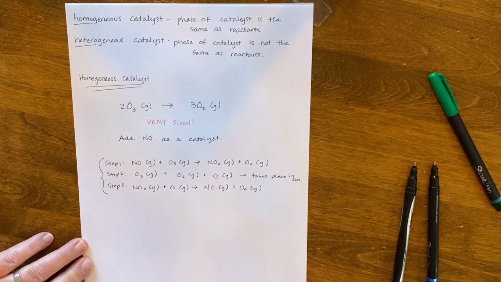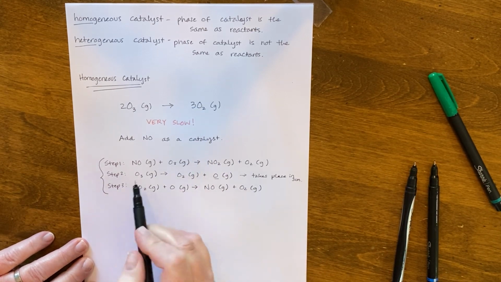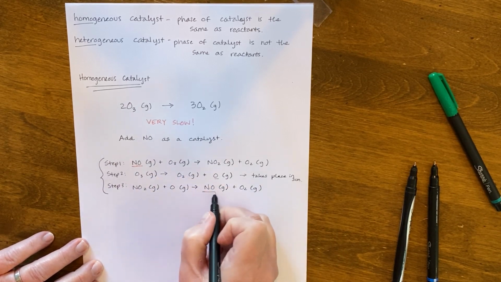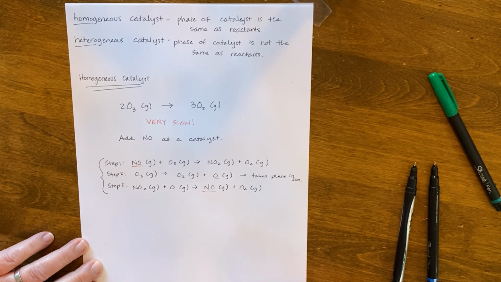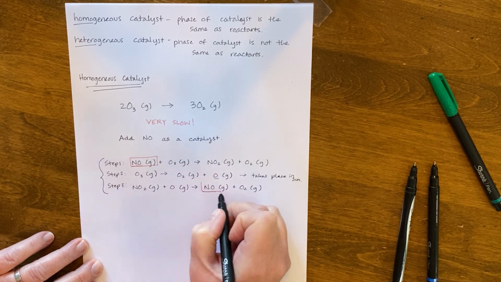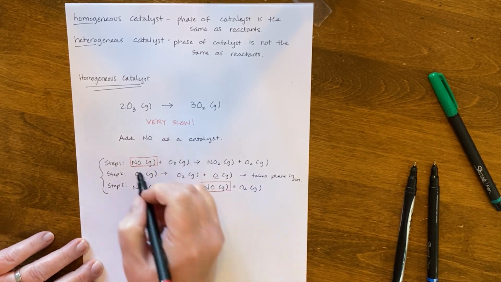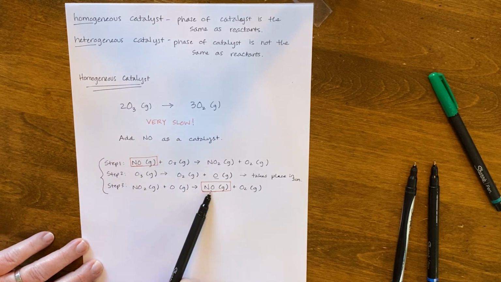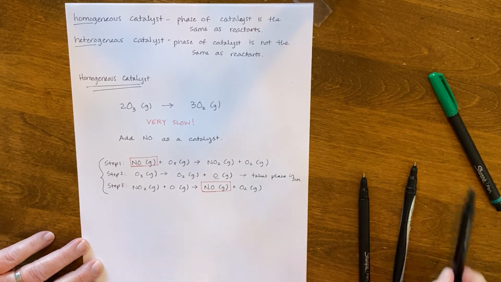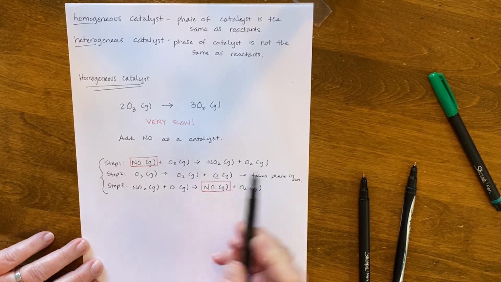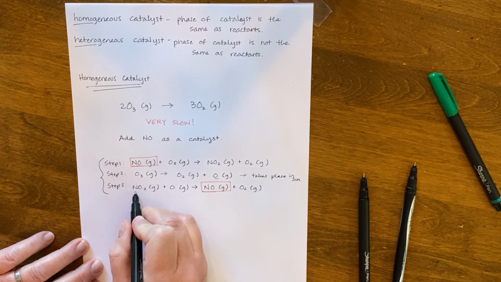Okay, so let's see why that is. We added nitrogen monoxide here, and as you can see, in the end, we end up with nitrogen monoxide here. So we added it, and then it ended up as a product. It went through some iterations in the middle, but from step 1 to step 3, we end up with nitrogen monoxide. Here we made nitrogen dioxide, but then it got used up in step 3.